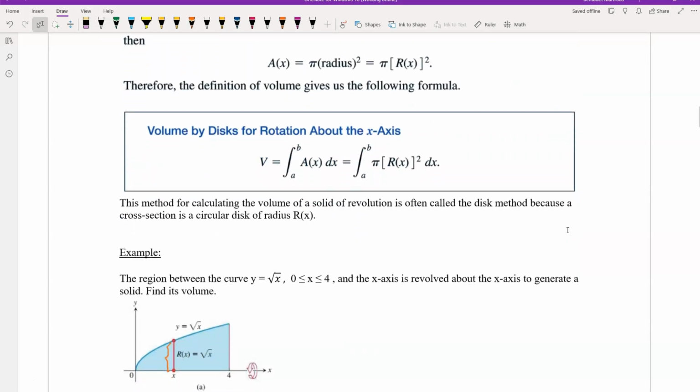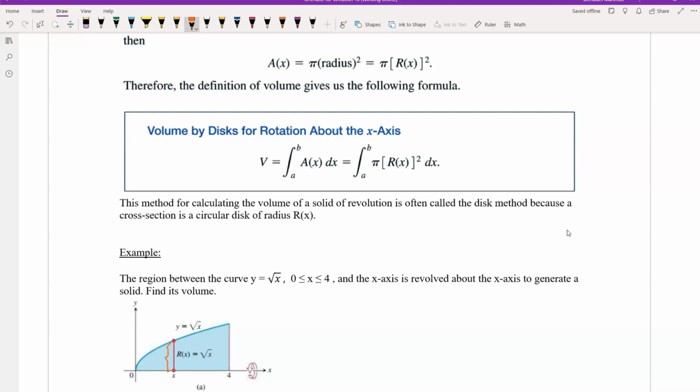So based on that, what we have for volume by disk for rotation about the x-axis is equal to the integral when x is from a to b of A of x times dx.